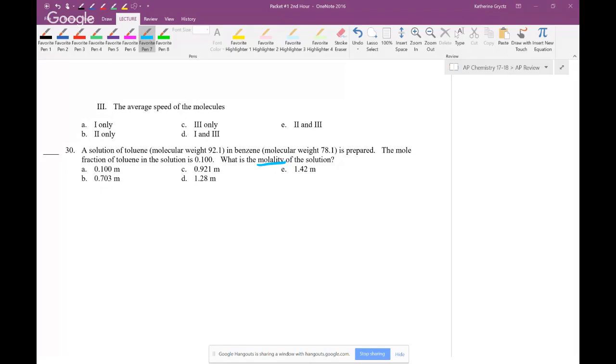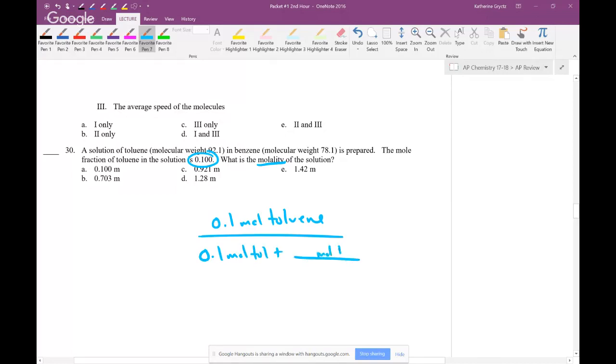So when they say the mole fraction of toluene, they're telling you 0.1 moles of the toluene over 0.1 moles of toluene plus whatever moles of benzene. This comes out as 0.1.